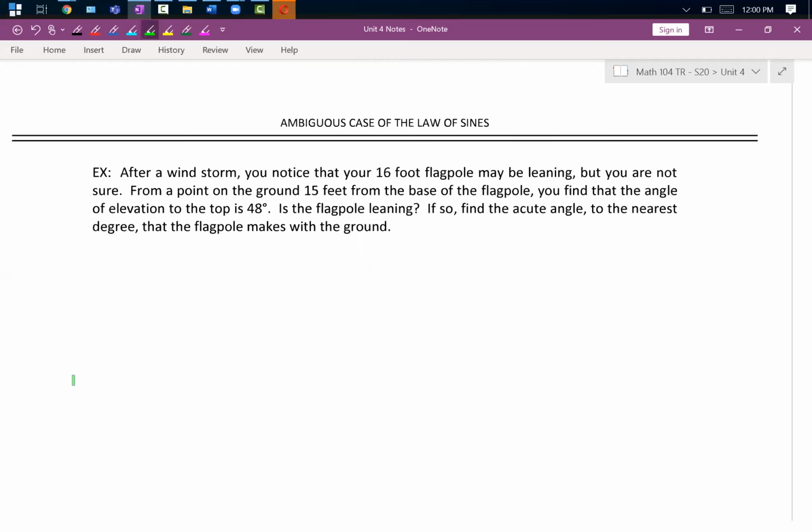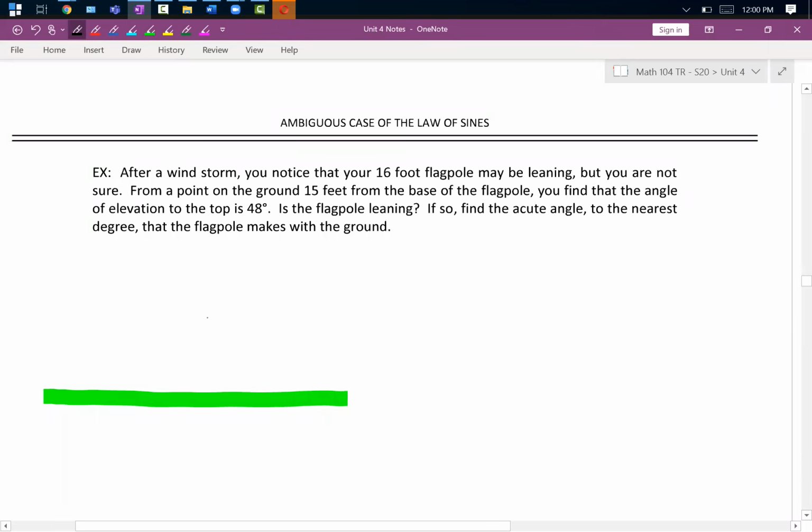So let's start with a picture. Here's my ground. I have my flagpole that may or may not be leaning. From standing 15 feet away, so I'm gonna go 15 feet this way.